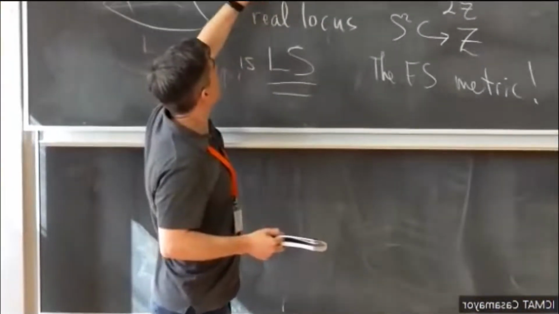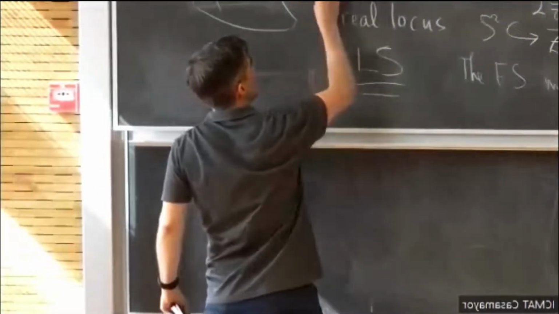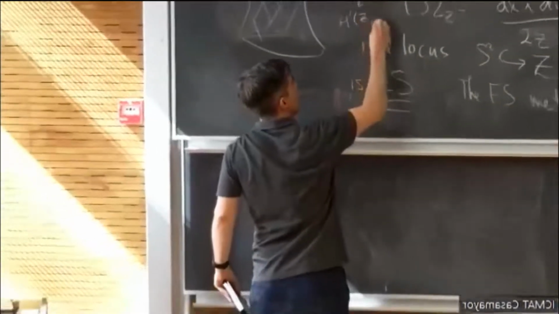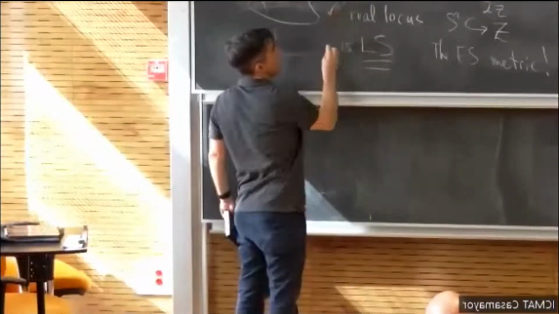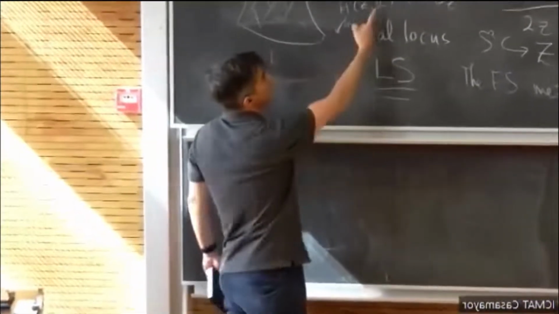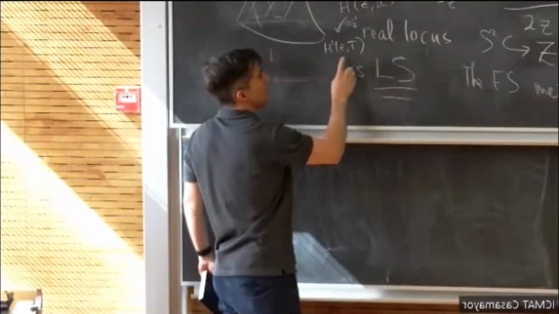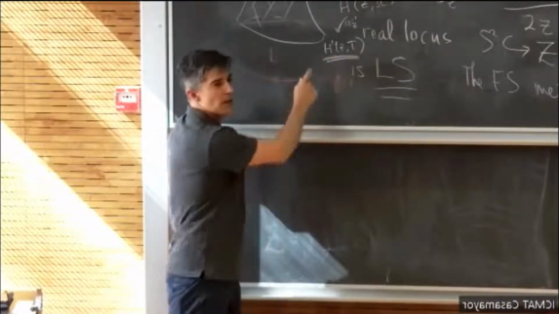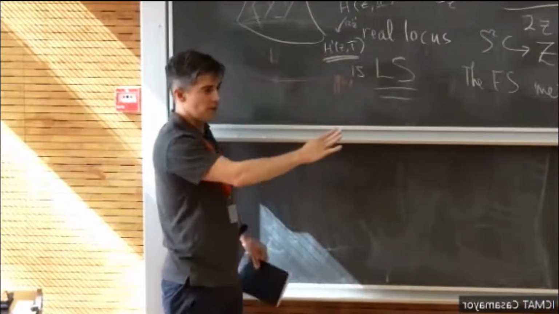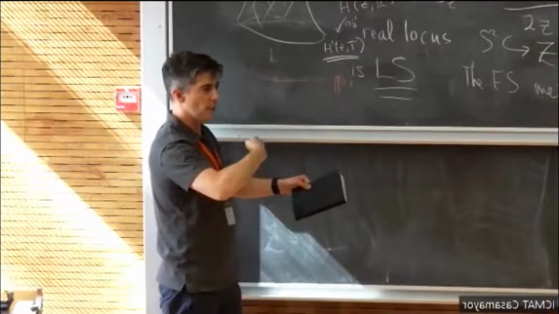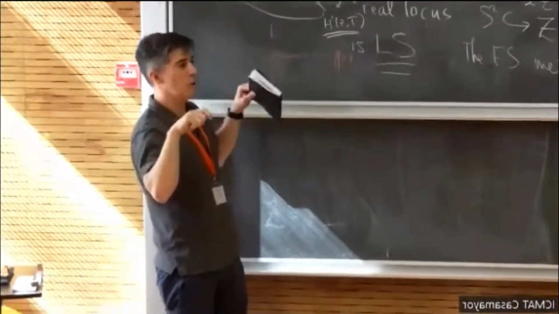So what you do is you pull this back to Z, and you get a pullback map which goes to H1 Z omega 1. And then you use omega inverse to convert this omega 1 to T, H1 Z T. That is how you deform Z. That's the deformation class of Z.